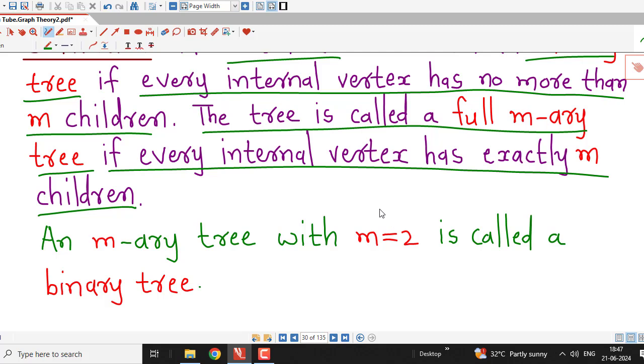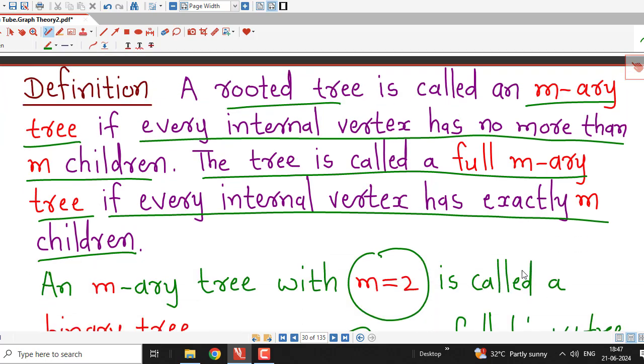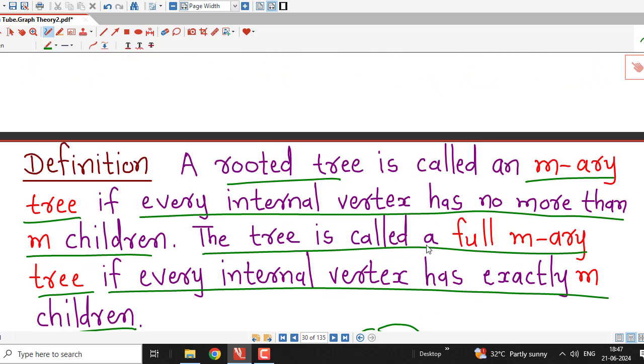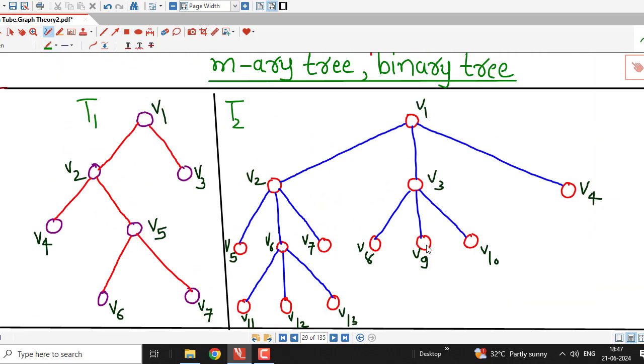An m-ary tree with m equal to 2 is called a binary tree, and if we have exactly 2 children for every internal vertex, then the rooted tree is a full binary tree. Sometimes they ask you to write down the definition, and you can decide whether the given rooted tree is an m-ary tree for some value of m or not.